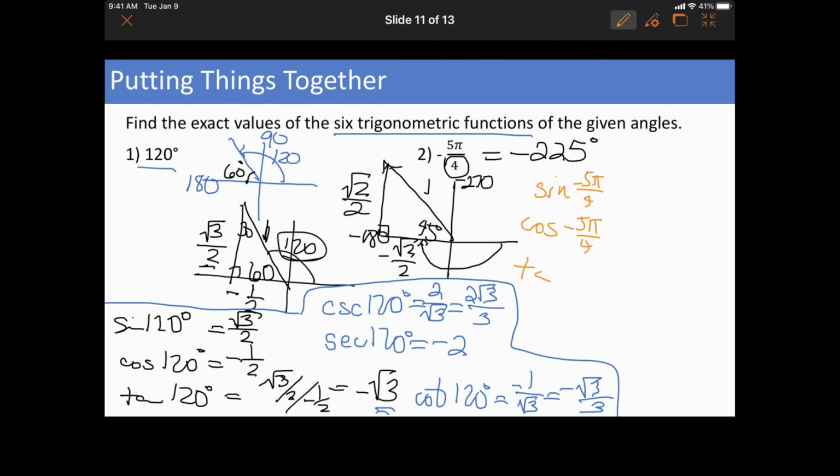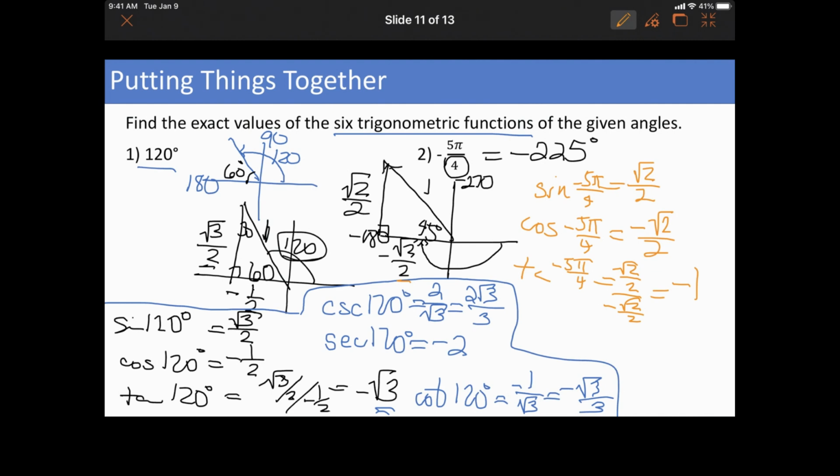Tangent of -5π/4. All right, so sine is opposite over hypotenuse, which is 1. Cosine is adjacent, just here, over 1. Tangent is this over this. Now, when they're the same, you're going to have √2/2 over -√2/2. So that's going to equal -1.